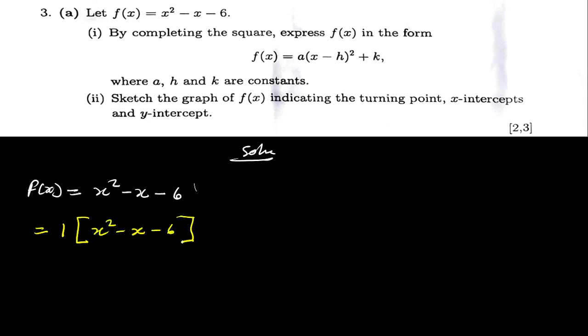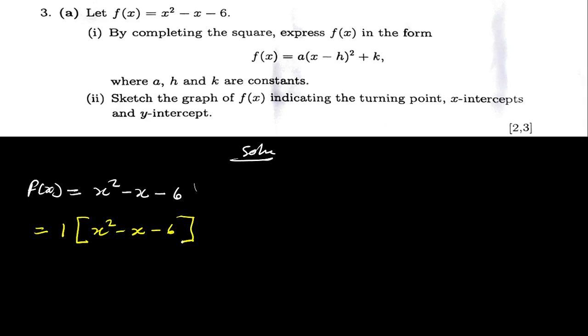Your next step is to find half of negative 1. So it will be x squared minus x, then half of negative 1 is negative half. So you're going to have negative half squared, and then you also subtract negative half squared. Then minus 6, and you work it out like that.